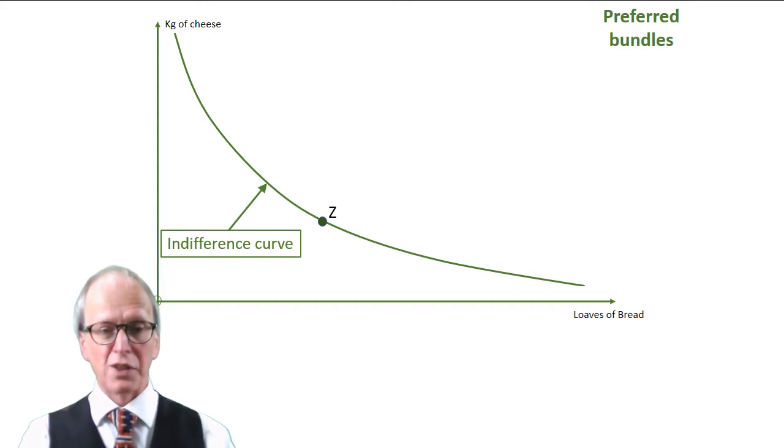It might seem an obvious point, but we expect to see Z lying on its own indifference curve. Suppose that you compare one consumption bundle with another consumption bundle that's actually exactly the same. How would it make sense for you to say that you prefer one to the other?